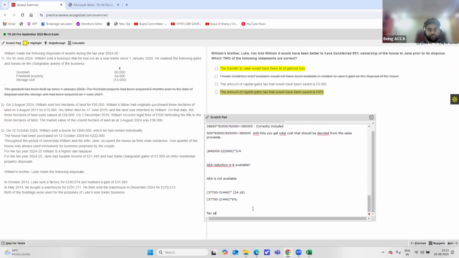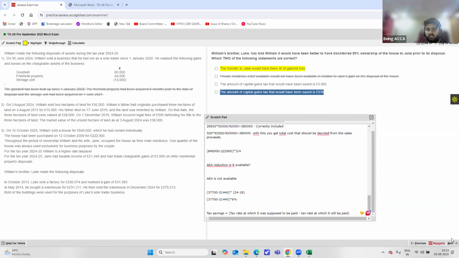Tax savings is equal to the tax rate at which it was supposed to be paid minus the tax rate at which it will be paid. Because other than the difference of 24%, 18% for this much amount, the rest will all be taxed the same way for both Jane or William. So the only advantage is because of this difference that you're able to pay it at 18%. All right, so for that only you will be computing the gains.